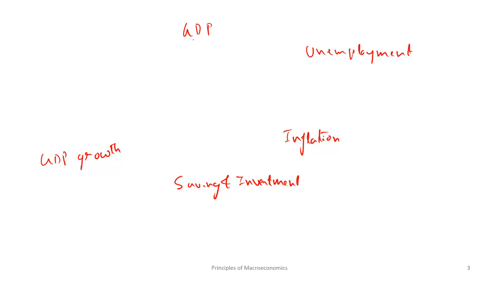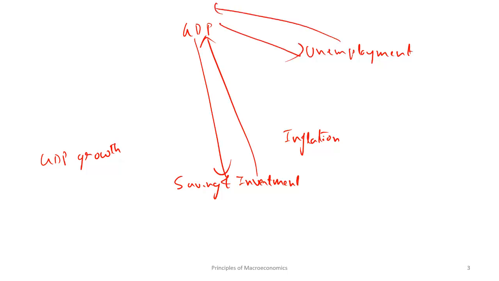How GDP affects investment, how investment affects GDP, how GDP affects unemployment, how unemployment affects GDP, how unemployment affects inflation, how inflation affects unemployment, how GDP affects GDP growth, how GDP growth affects savings and investment.